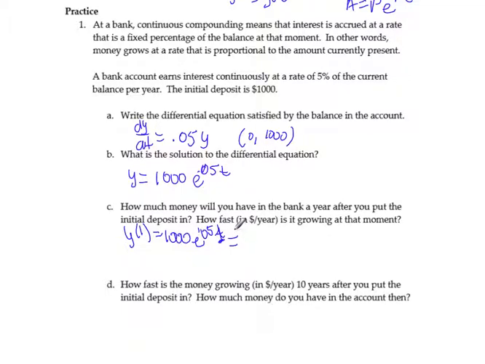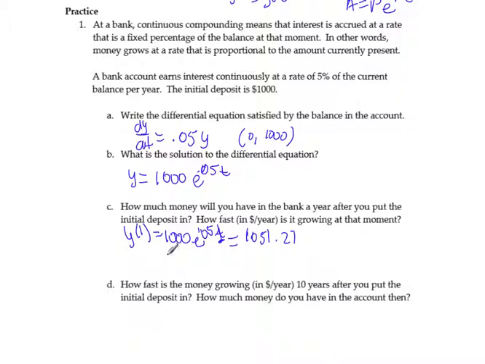Okay, and that is $1,051.27. Okay, so it makes sense. If you're growing at 5% continuously, at the end, you're going to have a little bit more than 5%, right? So you're going to have 5.1%.